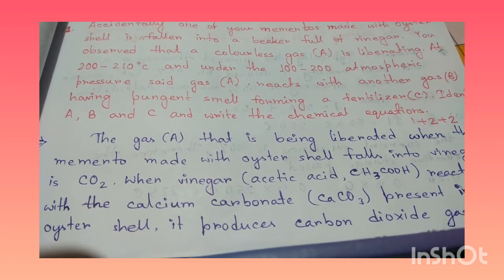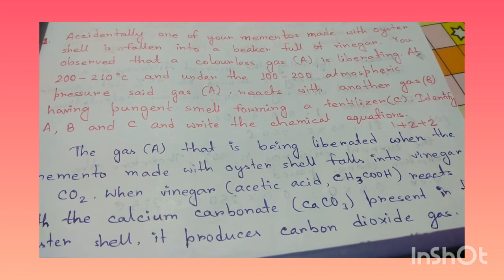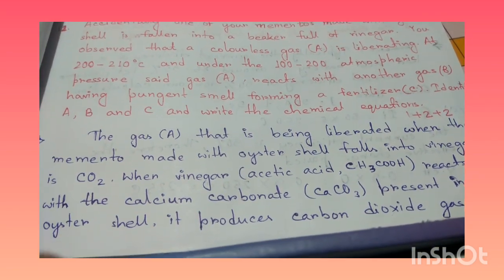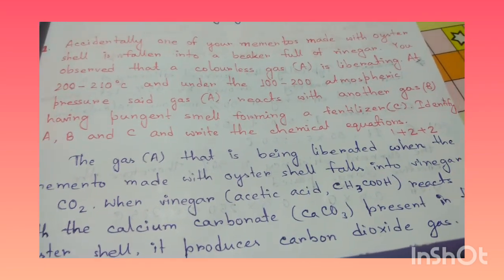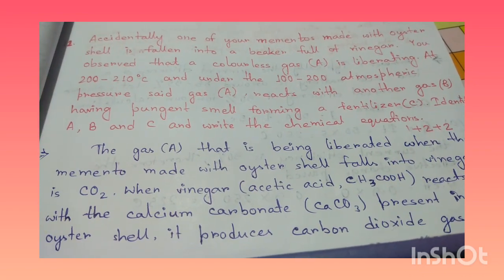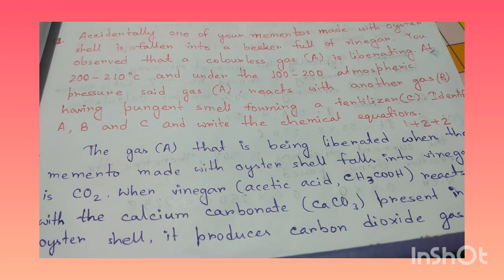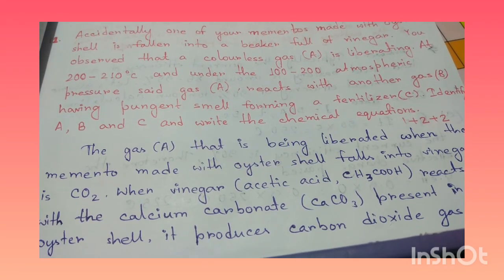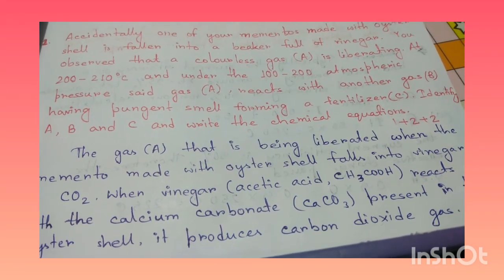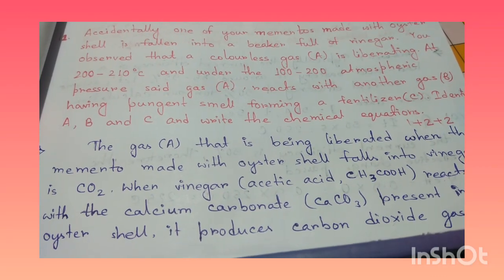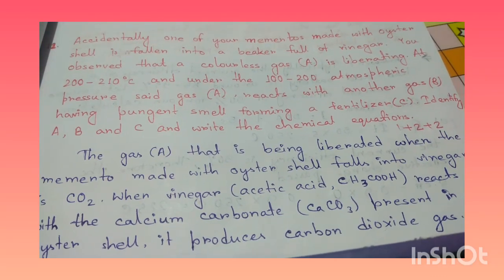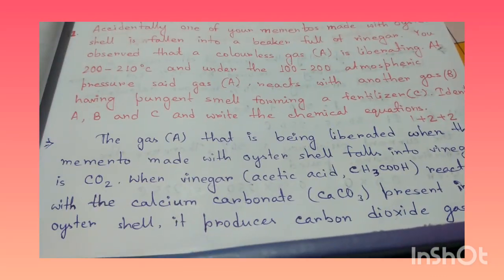Answer. The gas A that is liberated when the memento made with osteocell falls into vinegar is CO2. Vinegar means acetic acid, whose formula is CH3COOH, and it reacts with the calcium carbonate CaCO3 present in the osteocell.